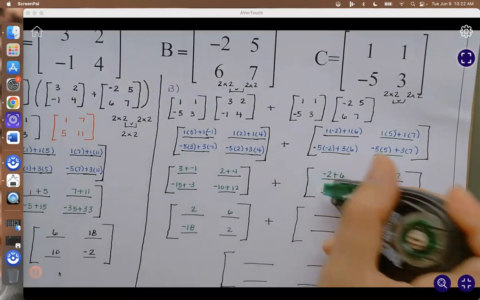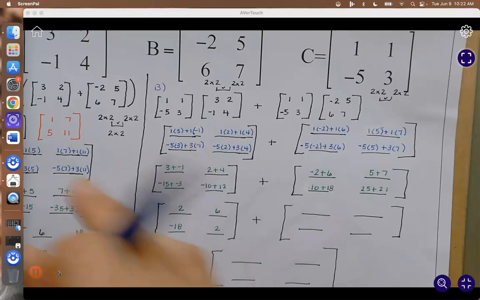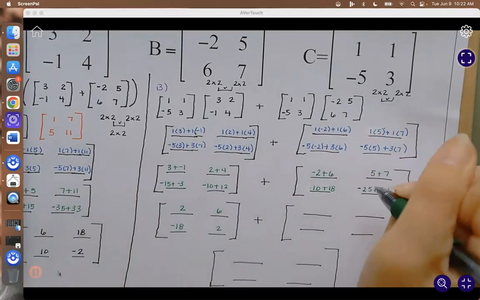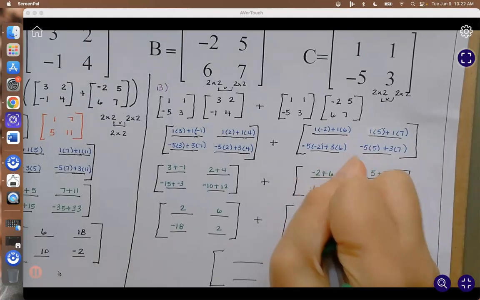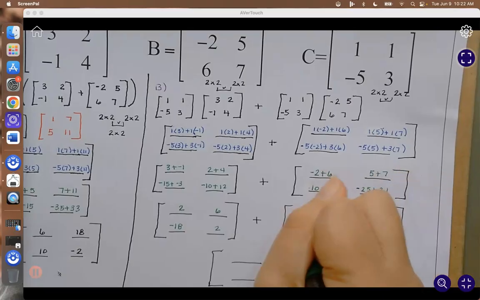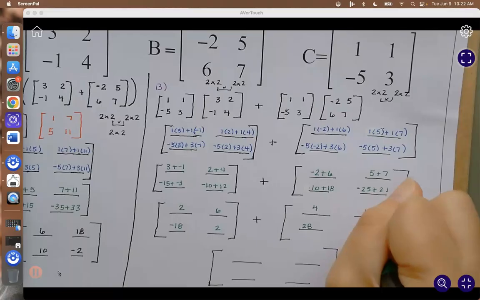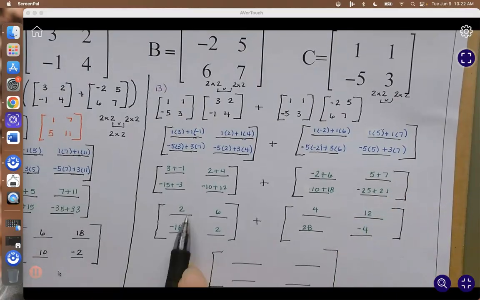I just made a careless mistake there. And then a negative 25 here. Maybe I should take a time out. Okay, let's try this again. 4, 12, 28, negative 4. Now, all we have left to do is add them up.